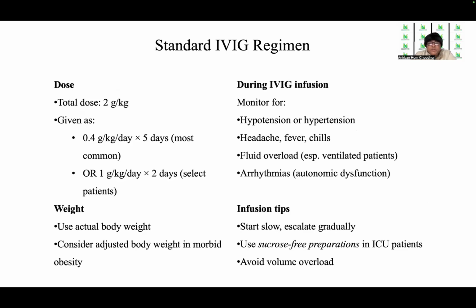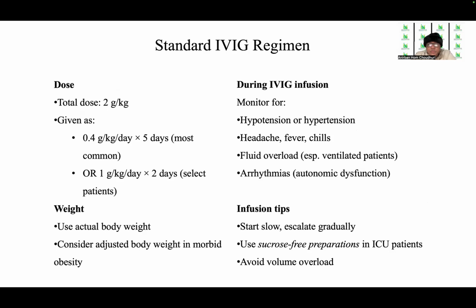During IVIG infusion, it is important to monitor for hypotension or hypertension, headache, fever, chills, fluid overload, especially if the patient is on a ventilator, and arrhythmias if the patient has autonomic dysfunction, because that can get precipitated during IVIG.